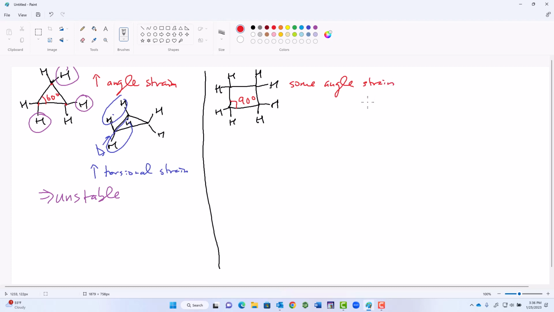So what happens in order to relieve some of this strain? If we draw this cyclobutane with some geometry, we'll see that if it's planar, all of these H's are pointing up, these H's are pointing down.